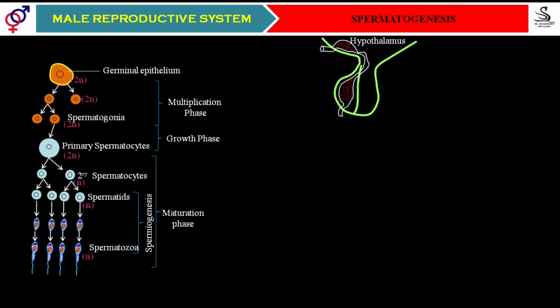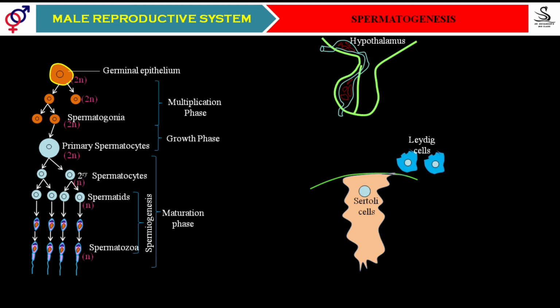Here is the hypothalamus, here is the seminiferous tubule. Inside that the Sertoli cell is there, and a number of germinal epithelial cells are there. And outside the seminiferous tubule, we find the presence of Leydig cells. Suppose now, whenever the boy has reached the age of maturity, let me remind you once again, students, that maturation may not occur exactly in the 12th year.